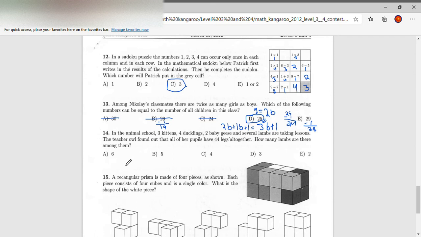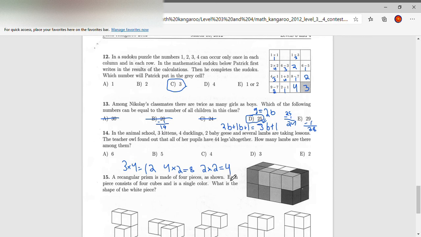So a kitten has 4 legs, so 3 times 4 equals 12 legs for the kittens. Now a duckling has 2 legs, so 4 times 2, the ducklings have 8 legs altogether. And then the baby geese also have 2 legs, so 2 times 2, baby geese have 4 legs.